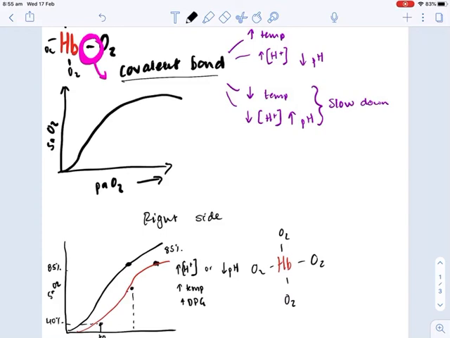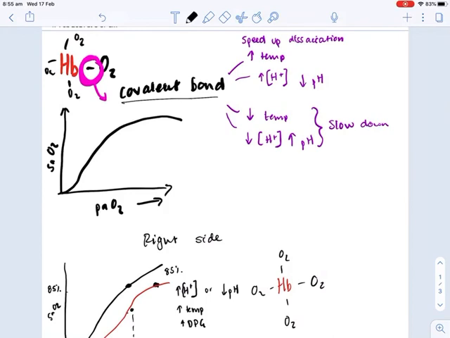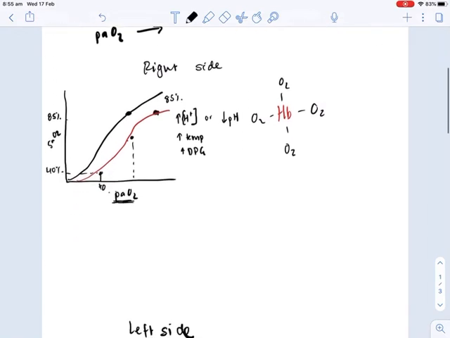So just to recap, in a normal environment at an optimal pH, our HB has these 4 oxygens, travels to the cells, offloads them, comes back to pulmonary circulation, gets more oxygen. It's all working fine.